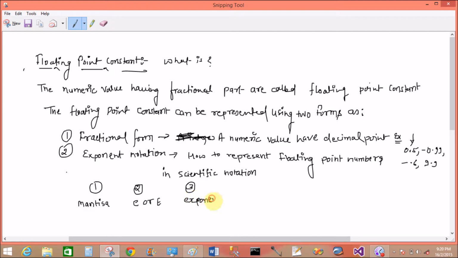There is one method, the mantissa, and the second is E or capital E, and the third one is the exponent.